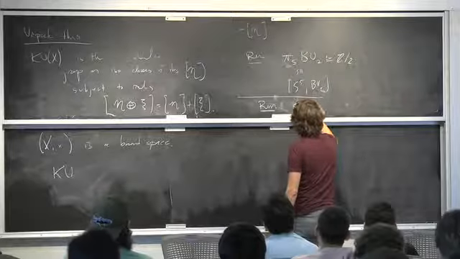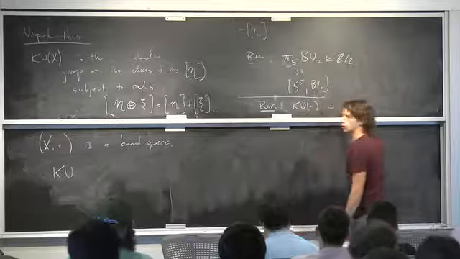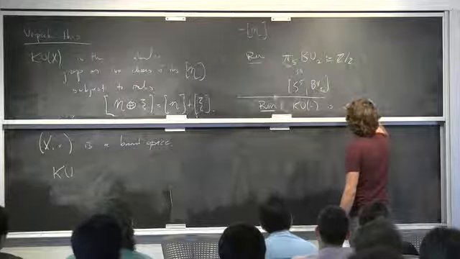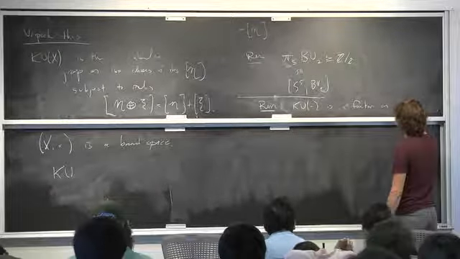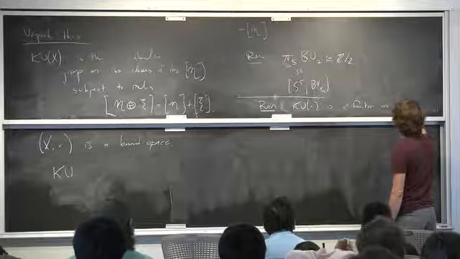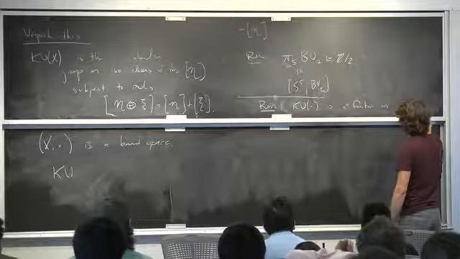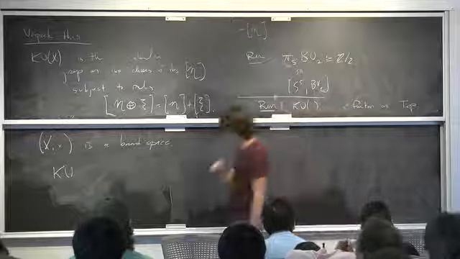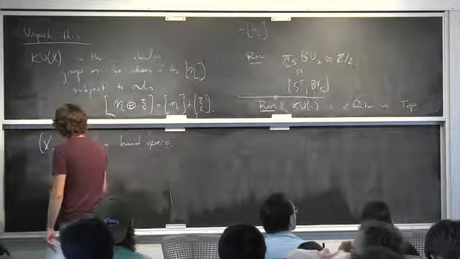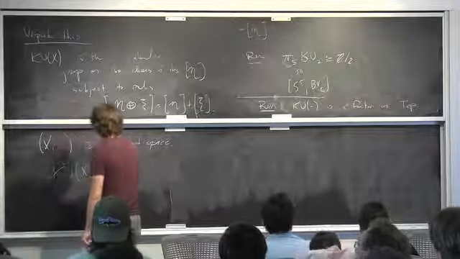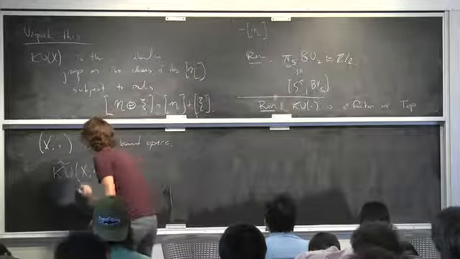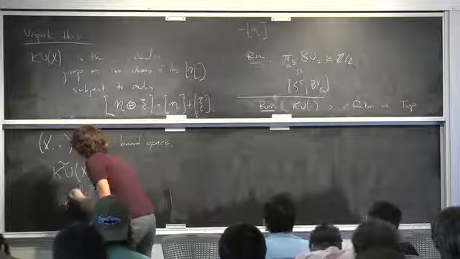KU blank is a functor on, I don't know, whatever. For me, everything's a CW complex. KU tilde X, and I'll either include the notation or I won't.